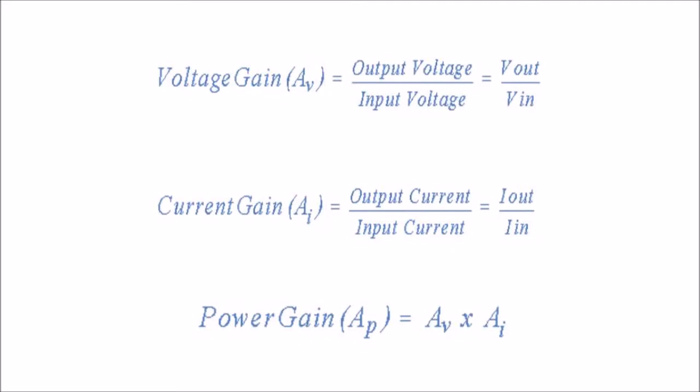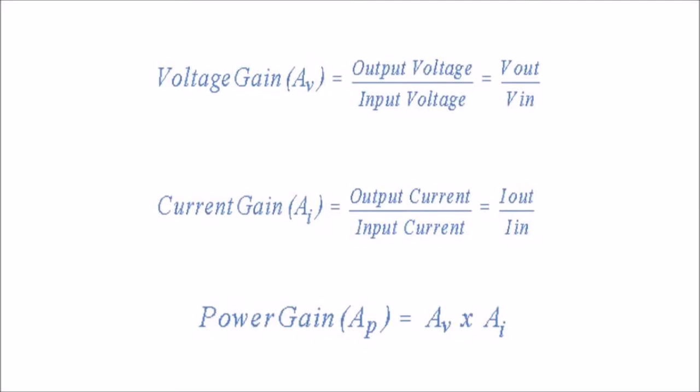The current gain is represented as A suffix I, which is equal to output current by input current, that is Iout by Iin. The third one is the power gain, represented as A suffix P, which is equal to AV into AI. Here the power gain can also be found by dividing the power obtained at the output by the power obtained at the input.